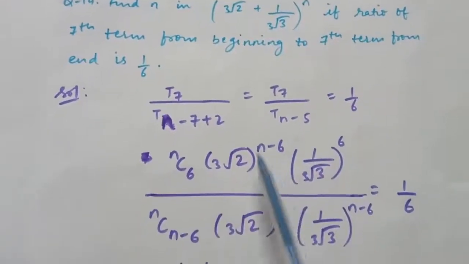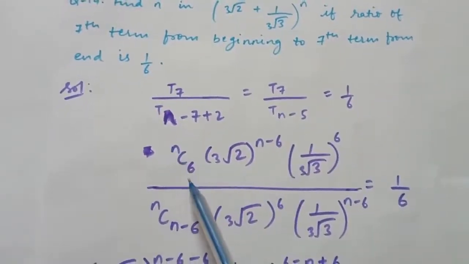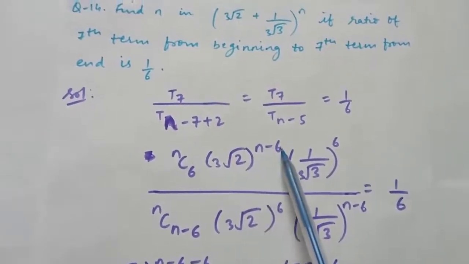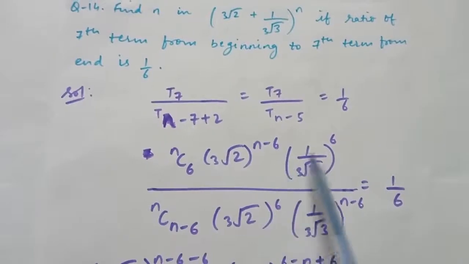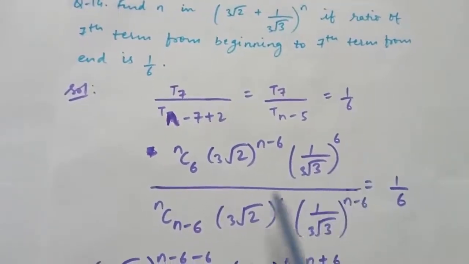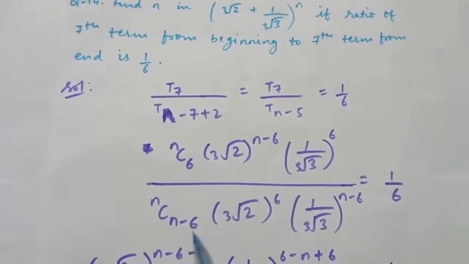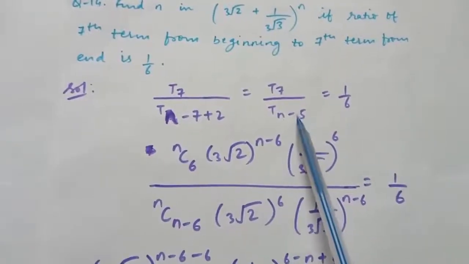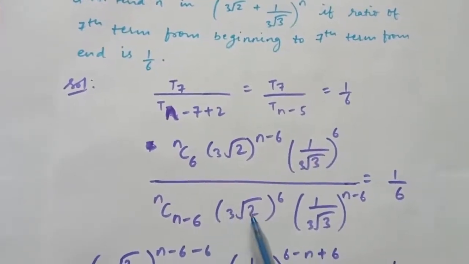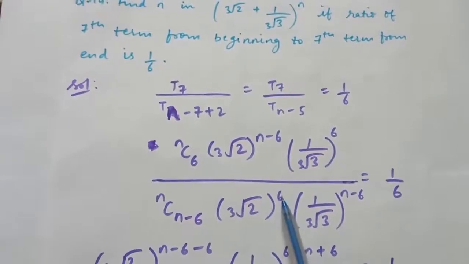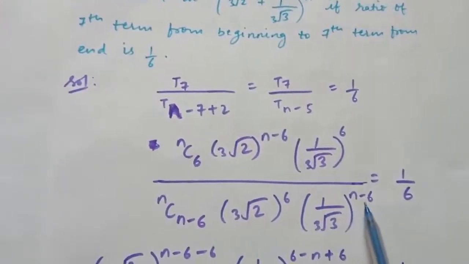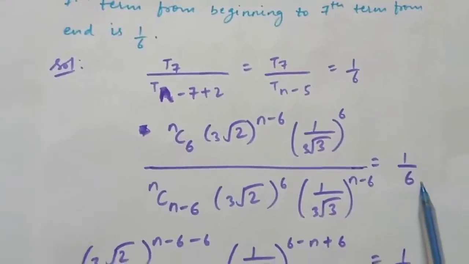Right? Now the 7th term will be nC6 cube root of 2 raised to the power n minus 6 into 1 upon cube root of 3 raised to the power 6, upon nC n minus 6. Why n minus 6? One number less than n minus 5 is n minus 6, into cube root of 2 raised to the power 6 into 1 upon cube root of 3 raised to the power n minus 6, is equal to 1 upon 6.